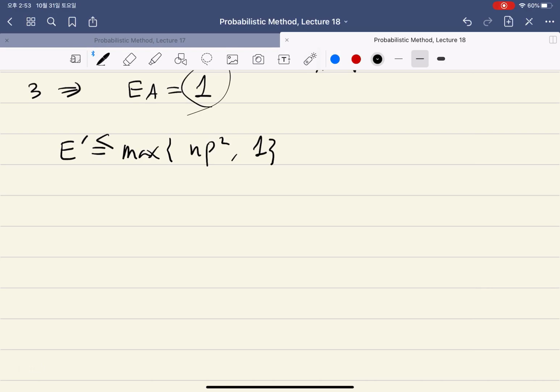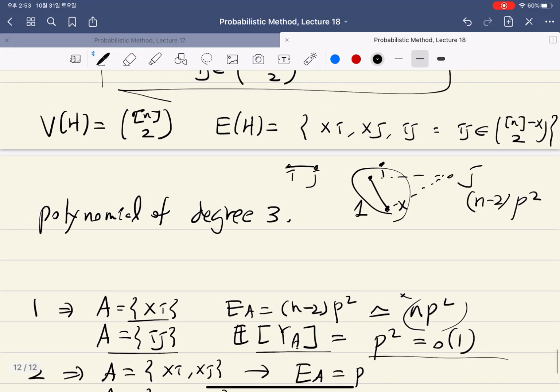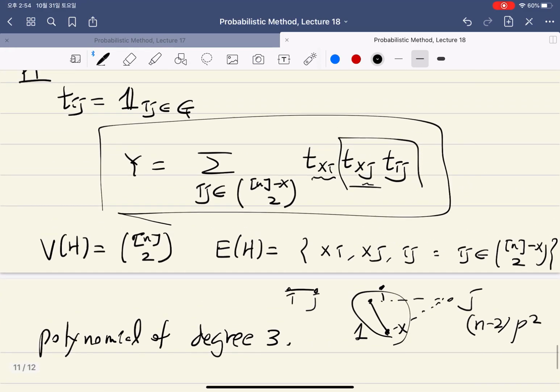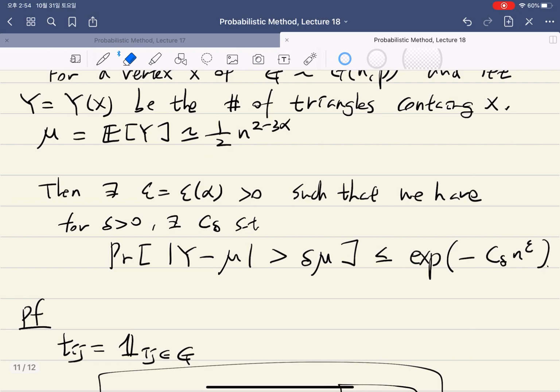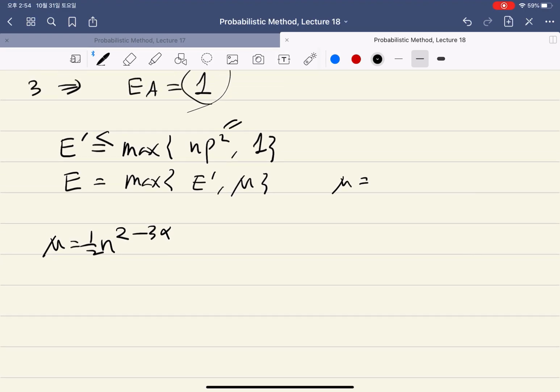And now we have to compute E, which is the maximum of E prime or mu. And mu is, where was mu? This. So we have to consider mu is n to the 2 minus 3 epsilon half, but the constant is not so important. And this is n to the 1 minus 2 epsilon.